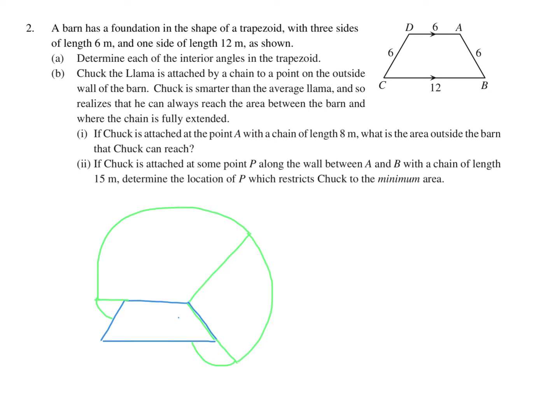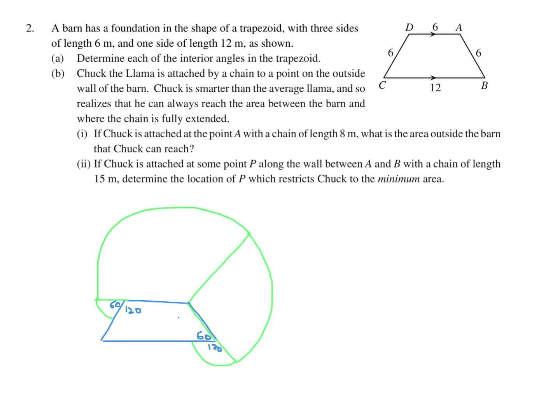We already figured out from the previous part that this is 60 degrees. And therefore, this angle in here will be 120, because this is a straight line. Well, at least it should be a straight line. And then we figured out that this was 120 in the previous part. So therefore, this angle in here is 60.